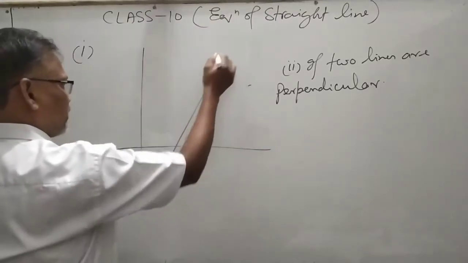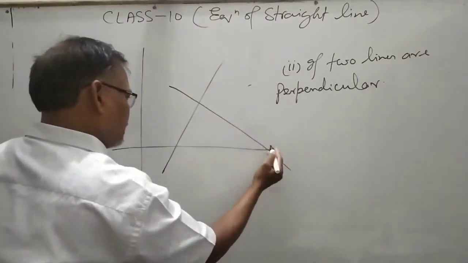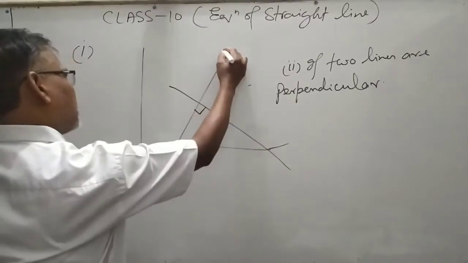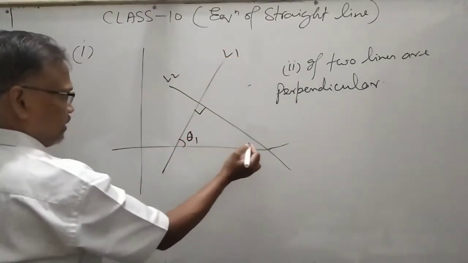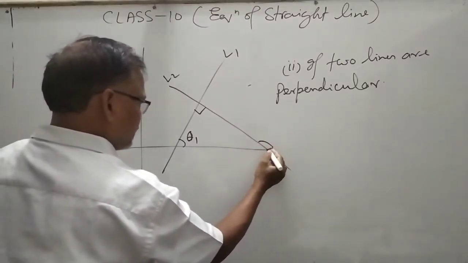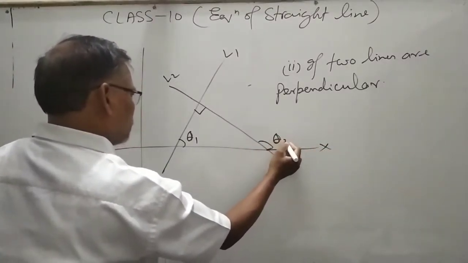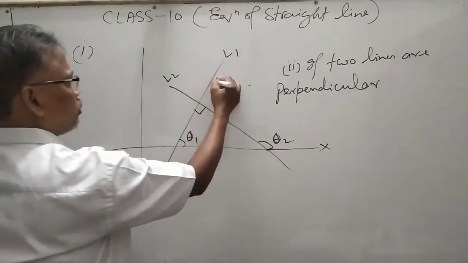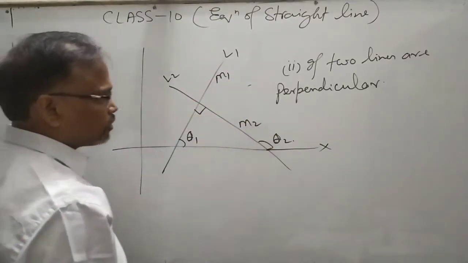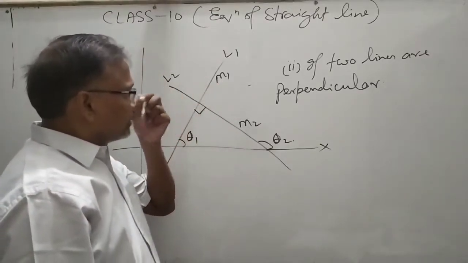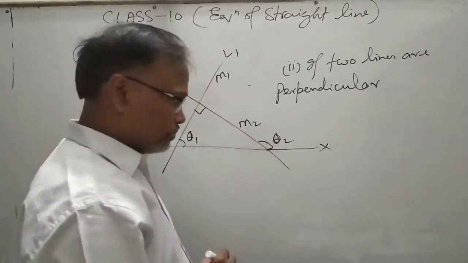Suppose this is one line and this is another line, and these two lines are perpendicular, L1 and L2. This makes the angle theta 1 and this makes the angle theta 2. The slope of this line is m1 and the slope of this line is m2. Then what is the condition between m1 and m2?